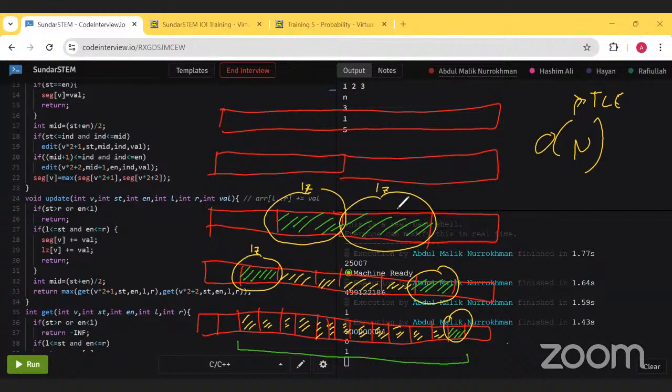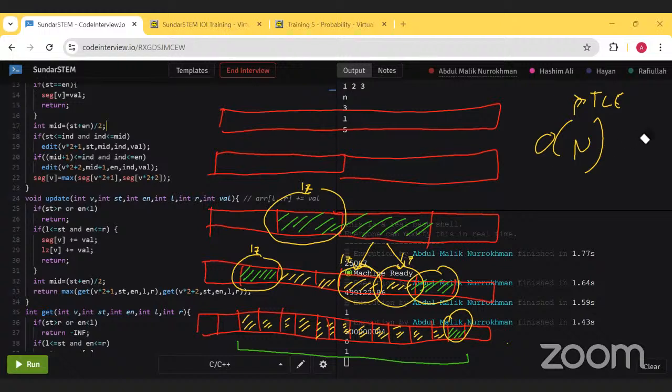So when we want to access the child, if we want to access this value, because here there is a lazy or pending task, we will do it to all of the children, and the lazy becomes here.